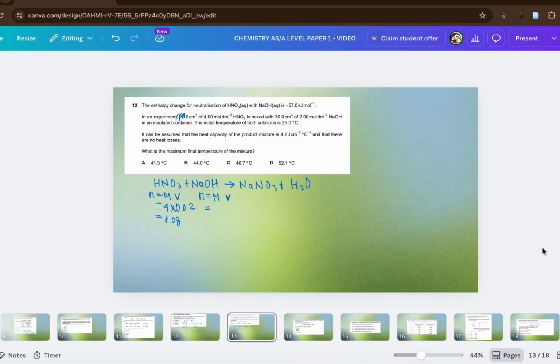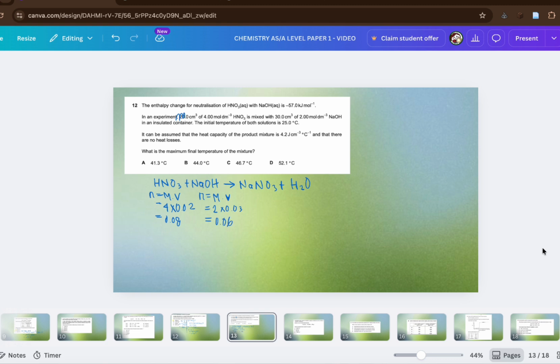Next, for sodium hydroxide, which is about 2 and 0.03. That's about it. 0.06. Okay, now we got the moles.